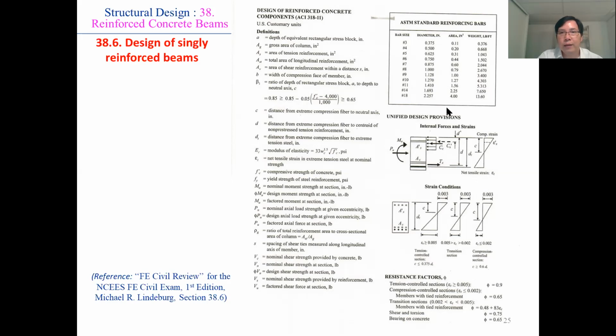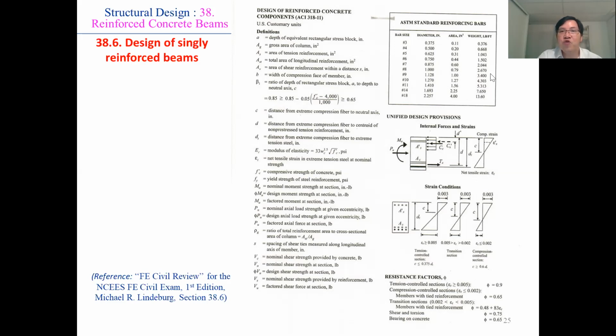You can see here the internal force and strain for a beam, this one shows the strain condition, and this part shows the resistance factor phi for some common cases. For example, for a tension-controlled section, you can take phi equal to 0.9, and for a compression-controlled section member with tie reinforcement, you can take phi equal to 0.65. For the other cases, you can see the details.